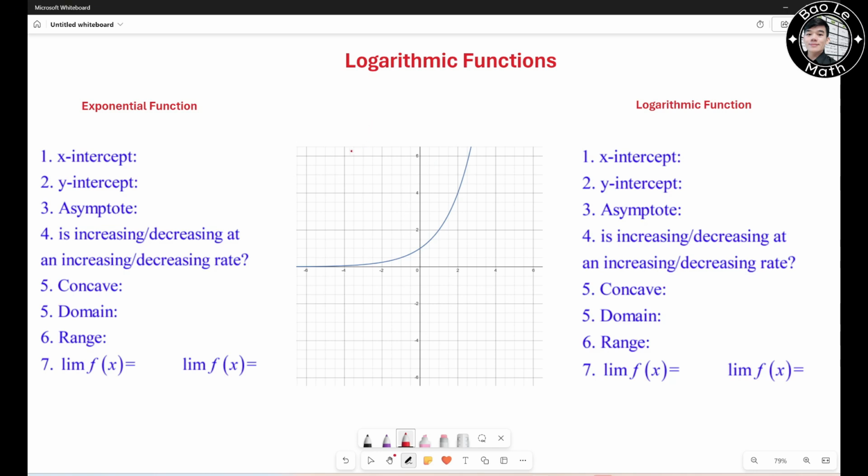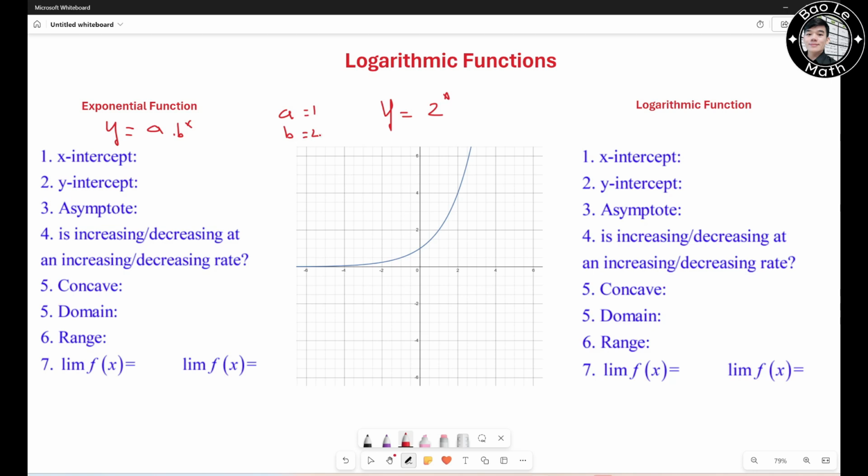Suppose I have the function y equals 2 to the x. So this is an exponential function. We have the general form: the exponential function is going to be y equals a times b to the x, right? So in this situation, a equals 1, b equals 2.